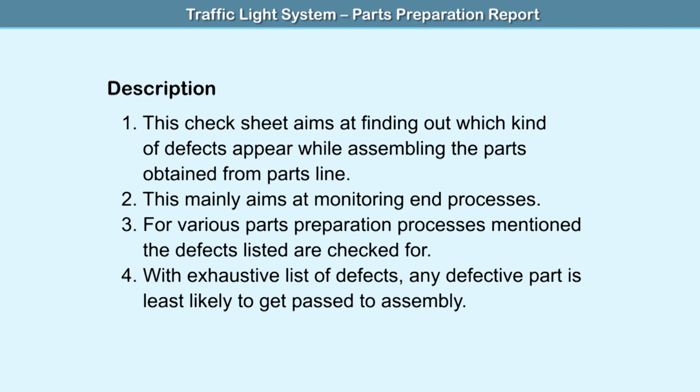This mainly aims at monitoring end processes. For various parts preparation processes mentioned at left, the defects listed are checked for. With the exhaustive list of defects, any defective part is least likely to get passed to assembly.